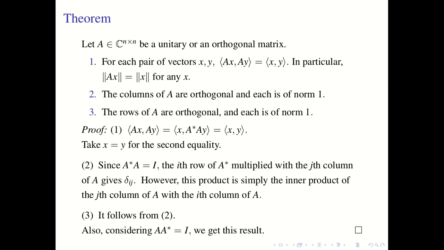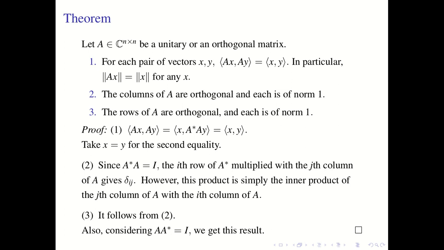So let's look at the proof. Inner product Ax, Ay, using the previous theorem, you can write it as inner product of x with A star times Ay, but A star A is equal to identity, therefore it is equal to inner product xy.